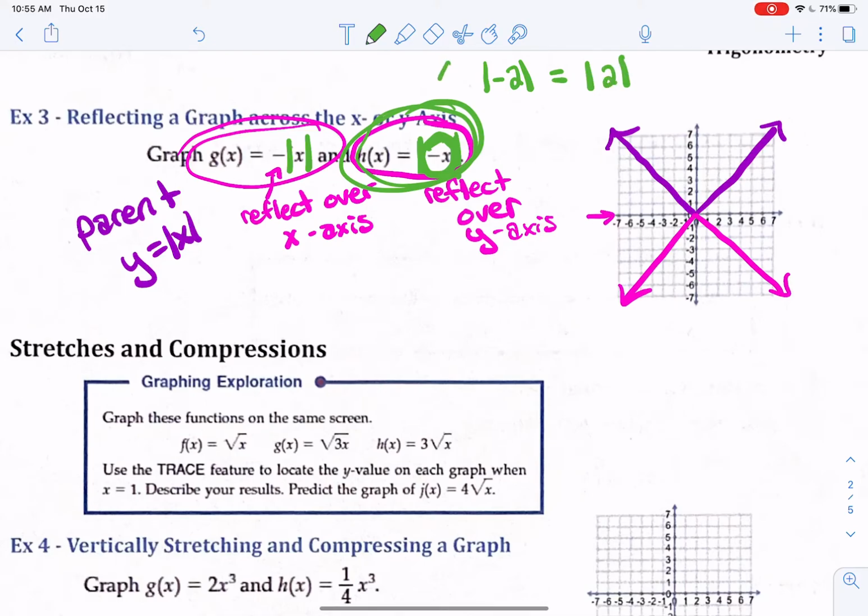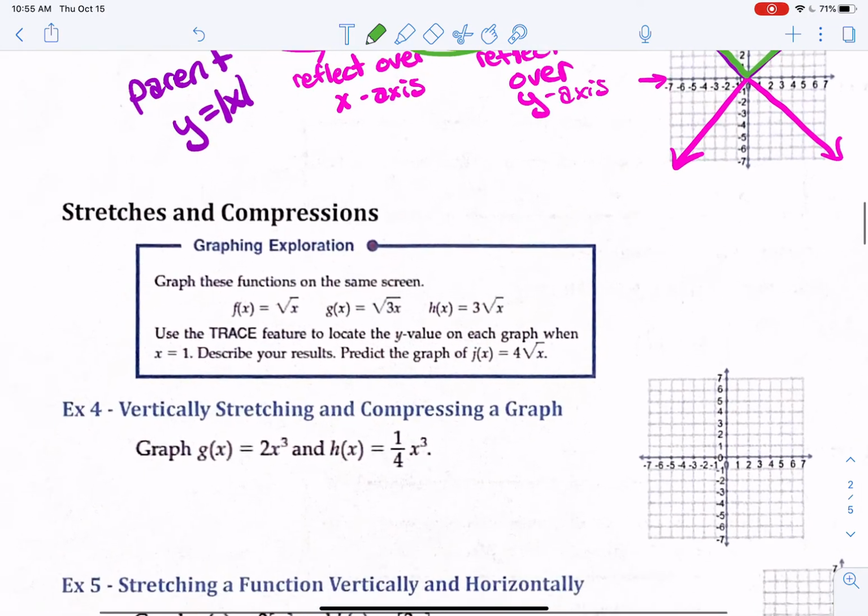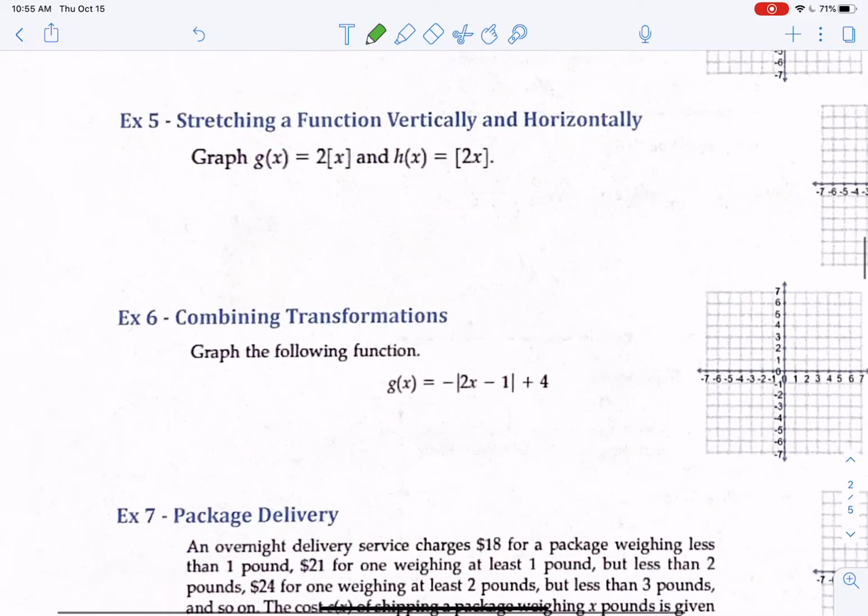So by putting a negative in here, it's not really doing anything, because if I reflect this over the y-axis, this side is flipped over there, and this side is flipped over there, and it's going to literally live on top of itself. The reason is that putting a negative inside of the absolute value is not going to do anything. It's just going to make it sit on top of itself. Okay? Again, if I'm going too fast with any of this, please pause the video.